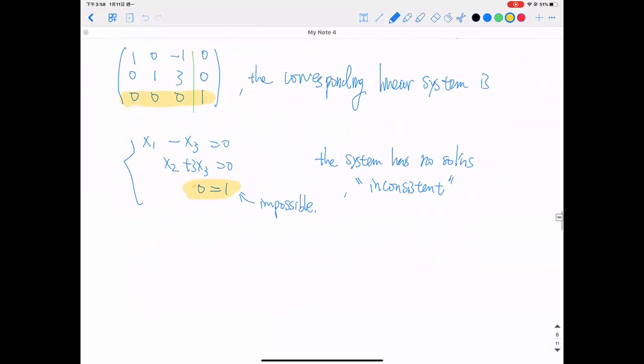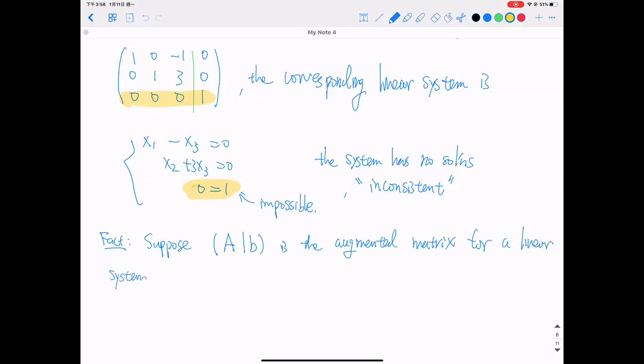So in fact, this is a more general phenomenon. Let's state the fact. Suppose [A | B] is the augmented matrix for a linear system.